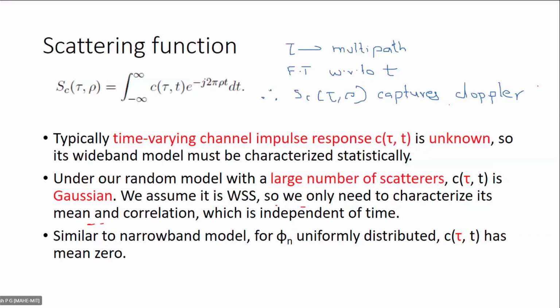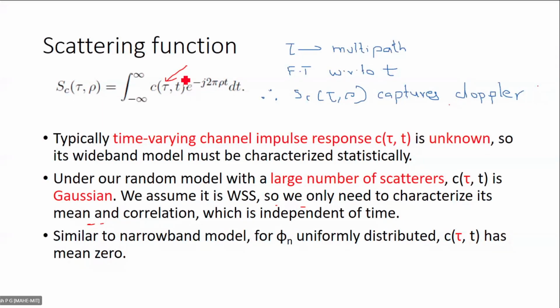Now we can go to another important technical term, which is called the scattering function. We all know how we represent the channel. To represent the channel, we have a function called C of tau comma t.